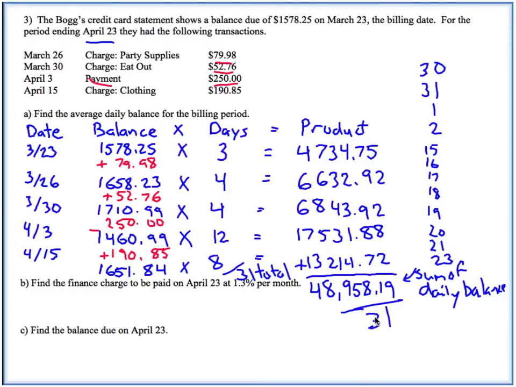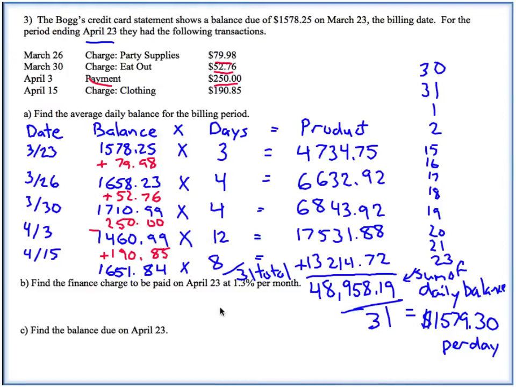So we're going to divide this number by 31. And so our average daily balance is $1,579.30 per day. Okay, so on average, that's how much we held in a balance.